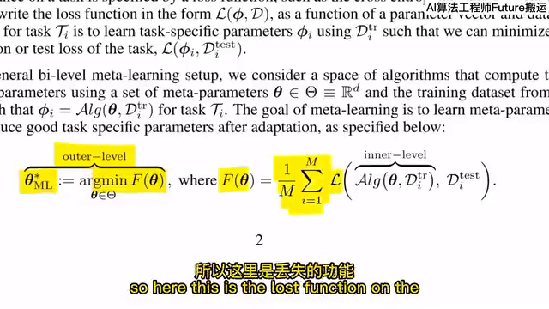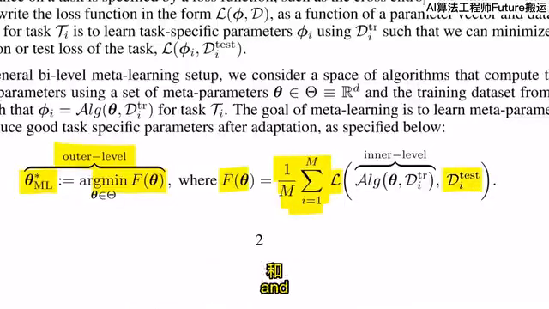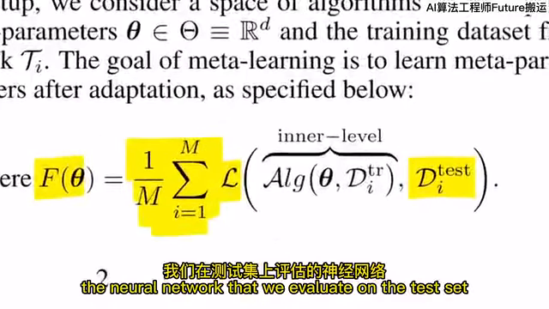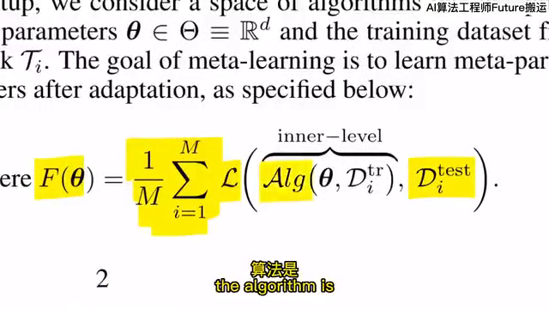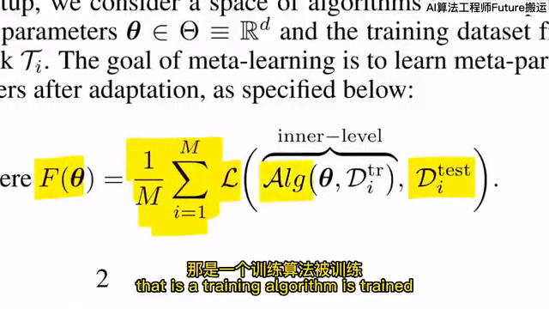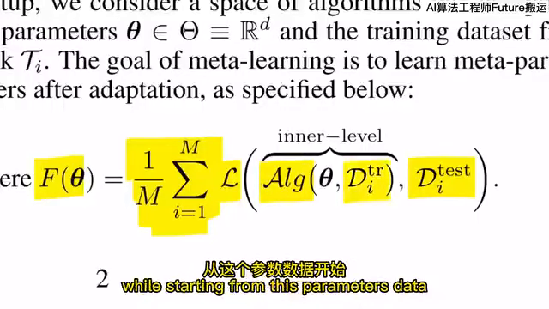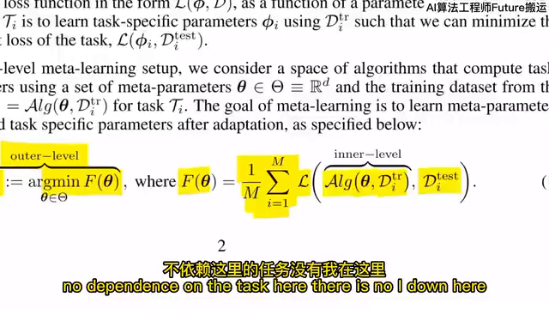So here, this is the loss function on the test sets of the individual tasks. And the neural network that we evaluate on the test set is the neural network that is trained. The alg here is a training algorithm, trained on the training set of that particular task while starting from these parameters theta. Now you see there is no dependence on the task here.